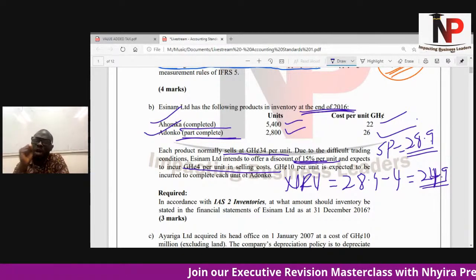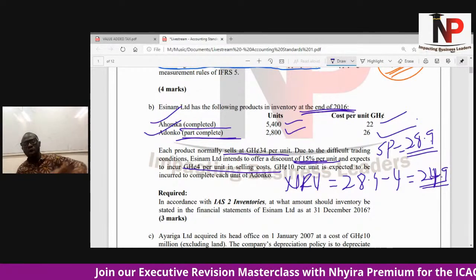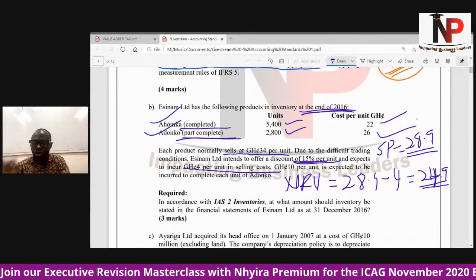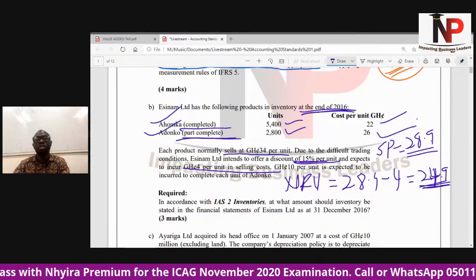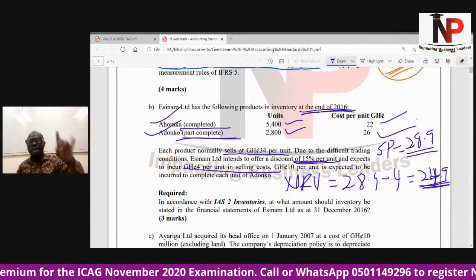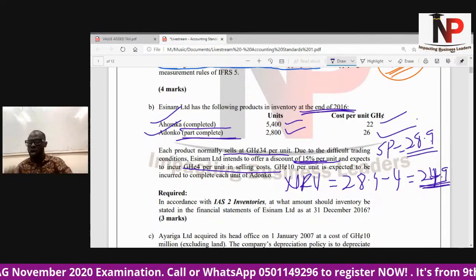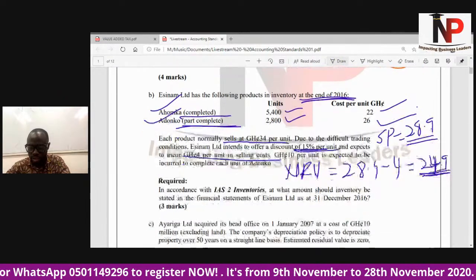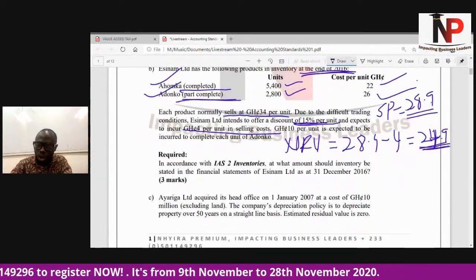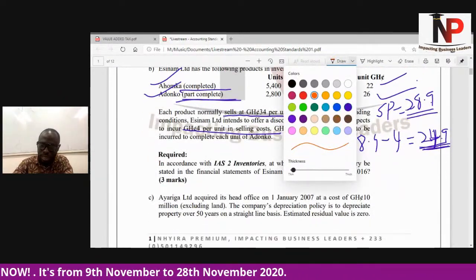What it then means is that when it comes to Ahomka, we can conclude that the net realizable value per unit is 24.9. But when it comes to Adonko, the net realizable value will be different. Let's build it up.